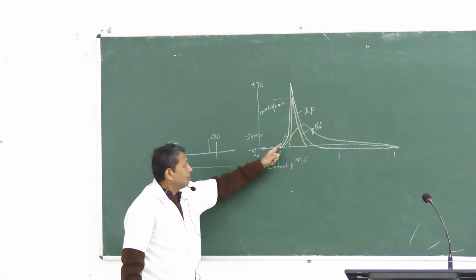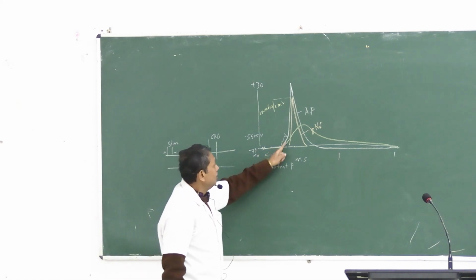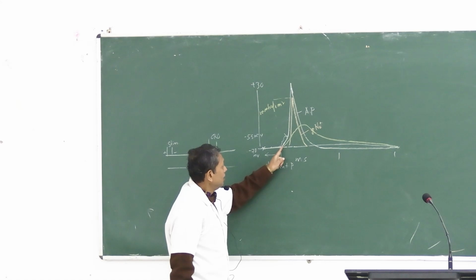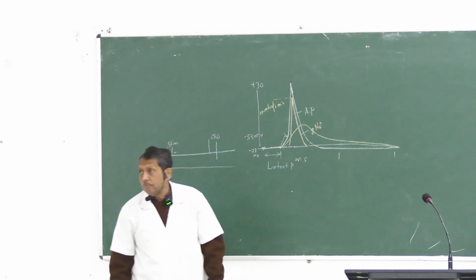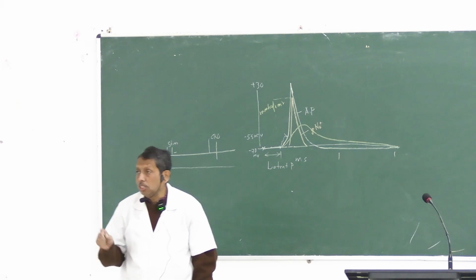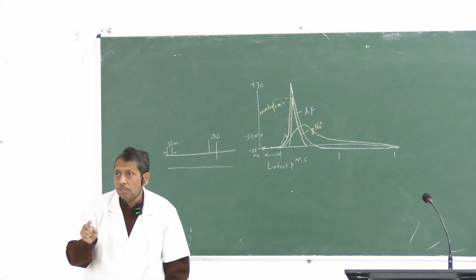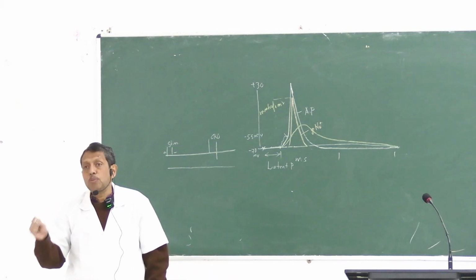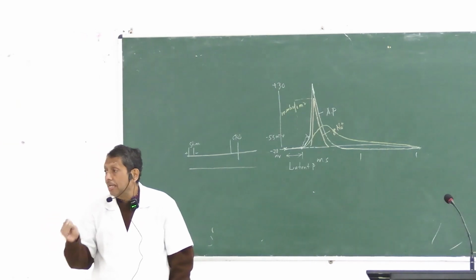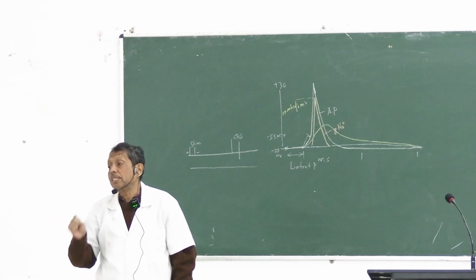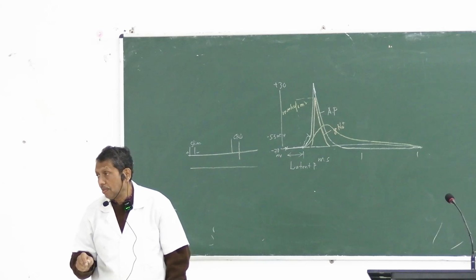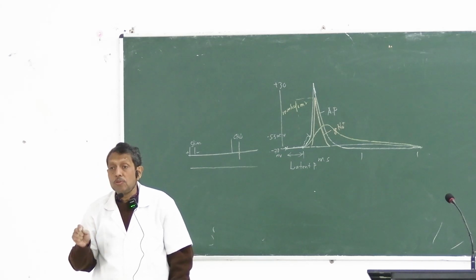And the different parts you can see: the initial part of the action potential is relatively slow, and it is the local potential, local response. The initial part is a pure electrotonic response. Then there is some additional response due to gradual opening of the voltage gated sodium channels, and that is called local response.